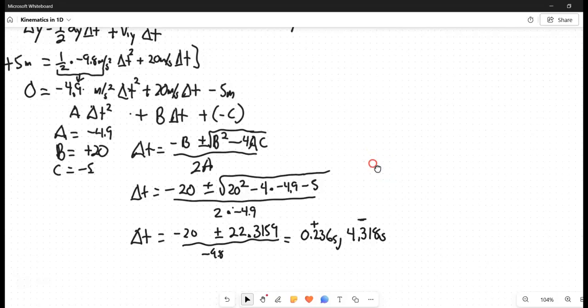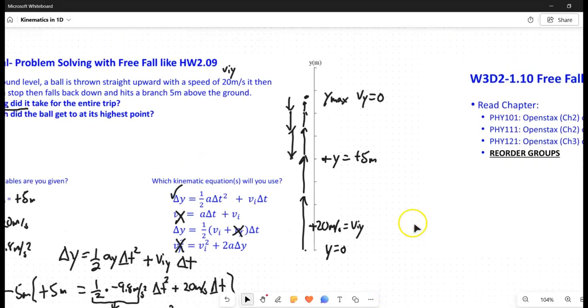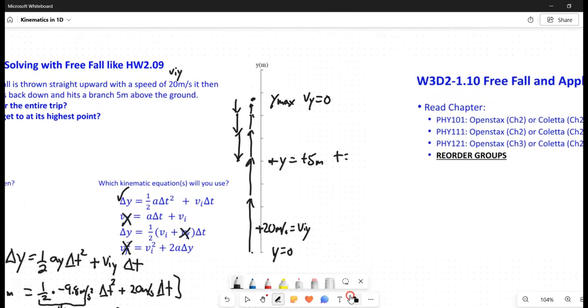Here's what this means. When it was traveling upwards at time 2.36, it was passing that tree on its way upwards. So right at this time, this is 2.36 seconds. It comes up, comes to a stop.